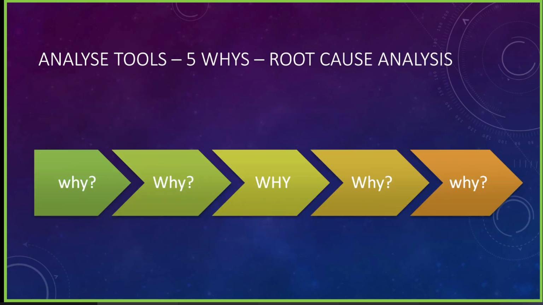So one of the tools that we have for that is the 5 whys, which is called a root cause analysis. And it's basically just, if you find that something is going wrong, you ask the question why multiple times. For example, let's say I'm too late for my Spanish class because it's at 8 o'clock in the morning.